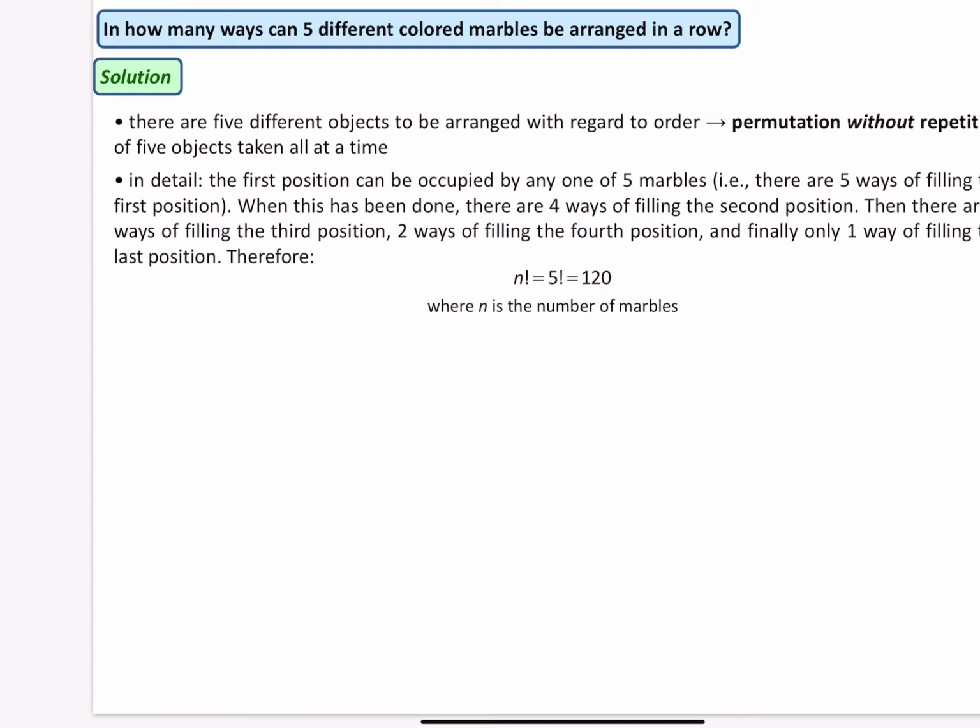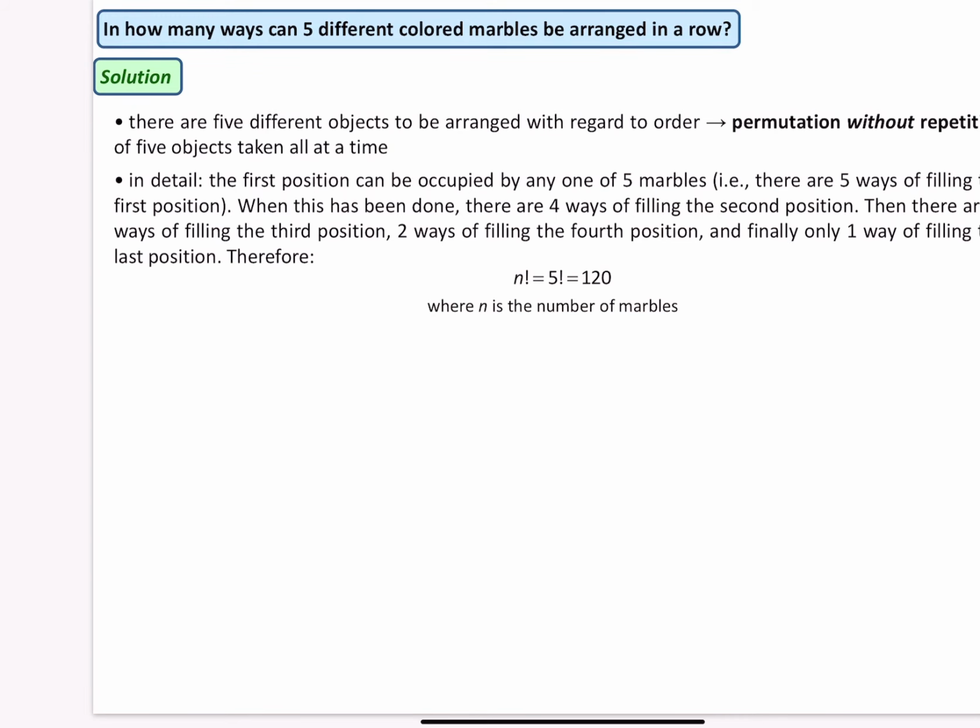So the first one will have 5 chances. The second one will have 4 chances. The third one will have 3 chances. The fourth one will have 2 chances. The last one will have 1 chance.